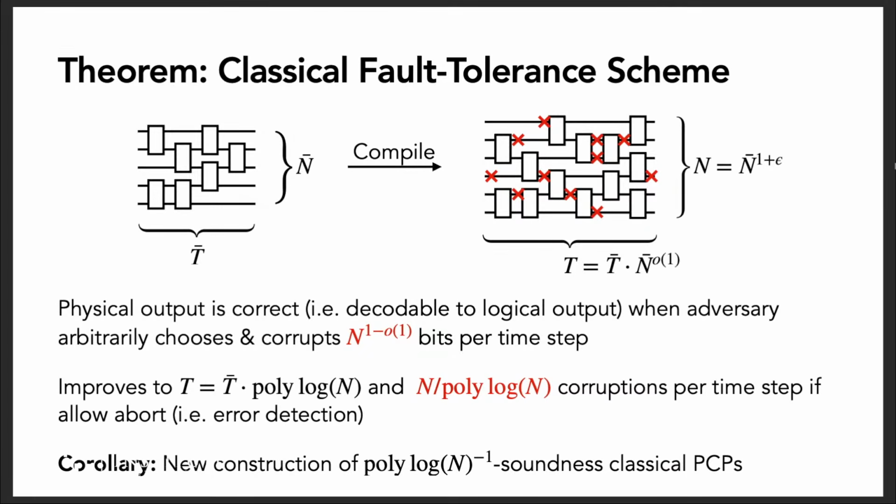And then as a corollary of this fault tolerance scheme, we actually just immediately get a new construction of classical PCPs up to polylog factors. So the true classical PCP theorem is a constant soundness PCP, robust to a constant fraction of corruptions. If we reduce that constant to a polylog, then all of a sudden we can recover this polylog weaker PCP theorem just as a direct corollary of our fault tolerance scheme.